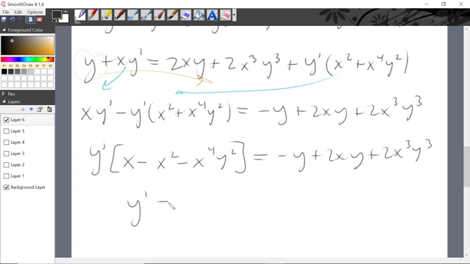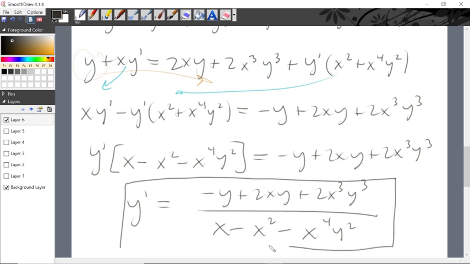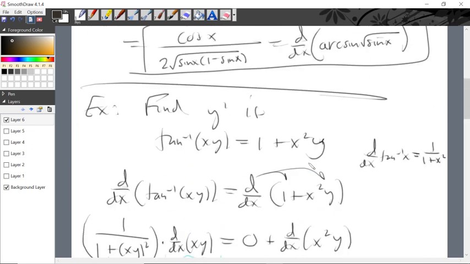So y prime is equal to negative y plus 2xy plus 2x cubed y cubed divided by this quantity x minus x squared minus x to the fourth y squared. There's our very nasty looking derivative that we get for this function. The arctangent of xy equals 1 plus x squared y.